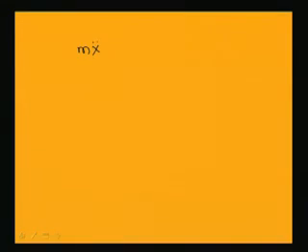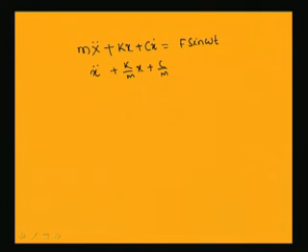One may find the particular solution from this equation. To find the particular integral, I can write the auxiliary equation of the system. Before that, I can modify this equation. m x double dot plus c x dot plus k x equal to f sin omega t can be written as x double dot plus c by m x dot plus k by m x equal to f by m sin omega t.